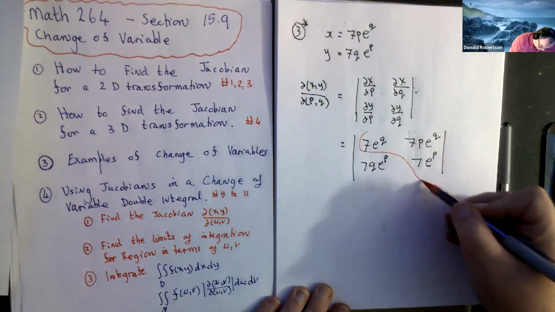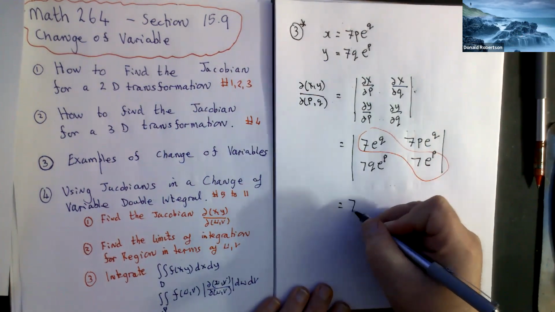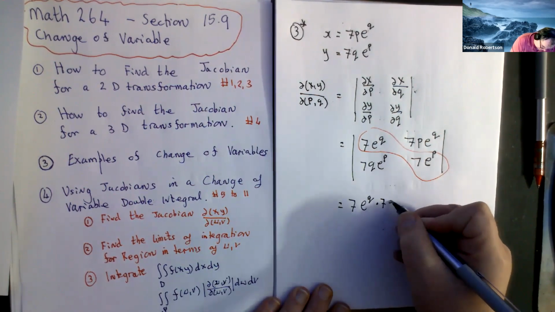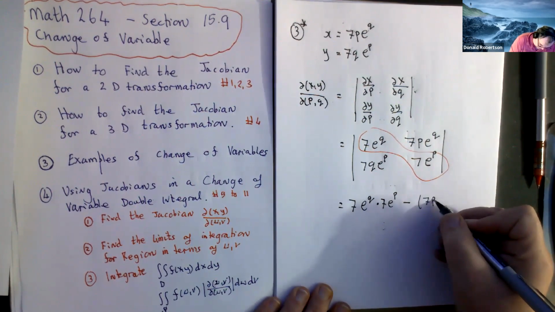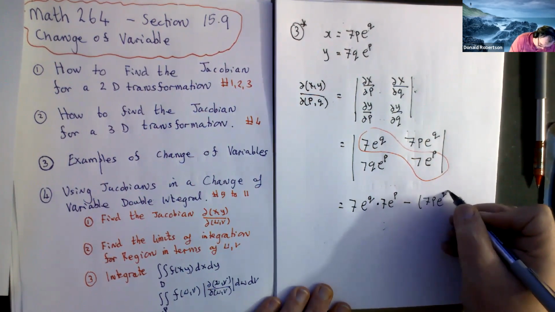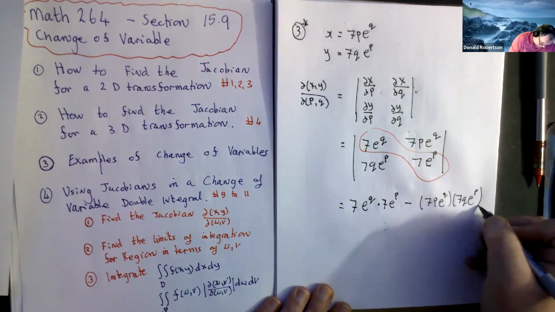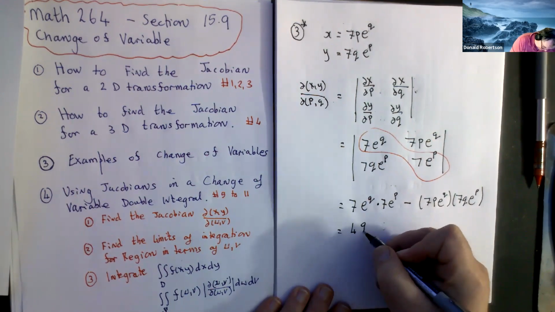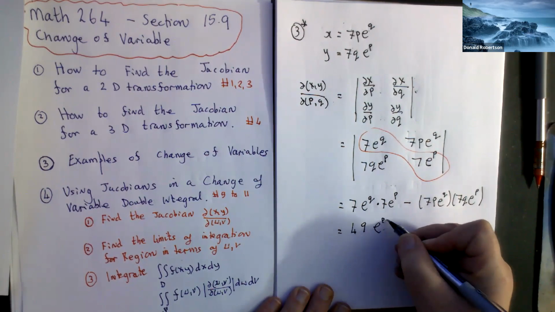Now I'll do the major diagonal. So it's that guy times that guy, take away those two guys. Well, 7 times 7 gets me 49, and e to the p times e to the q just gets me e to the p plus q.